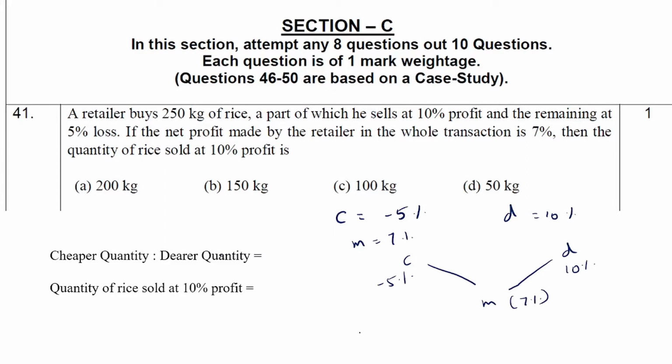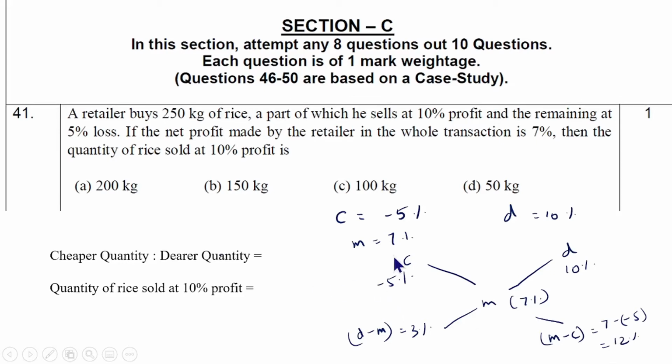So here we have D minus M. So D minus M is 10 minus 7, which is 3%, and here we have M minus C. So M minus C, it is 7 minus of minus 5, so it is equal to 12%.